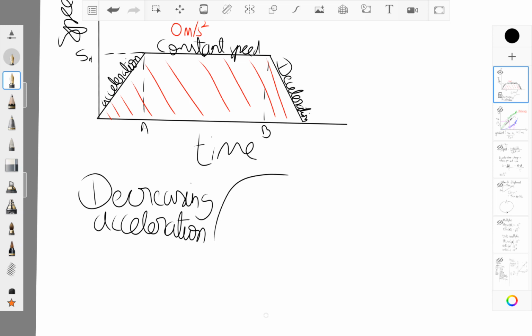We know how to describe the motion. After this, I'll be talking about free fall and terminal velocity. So the only thing left for us in motion is free fall and terminal velocity. So let's start with that.